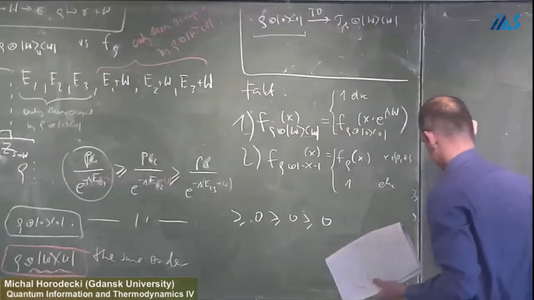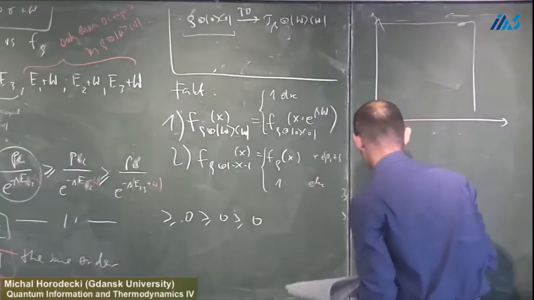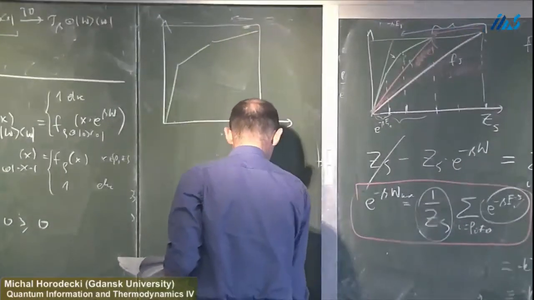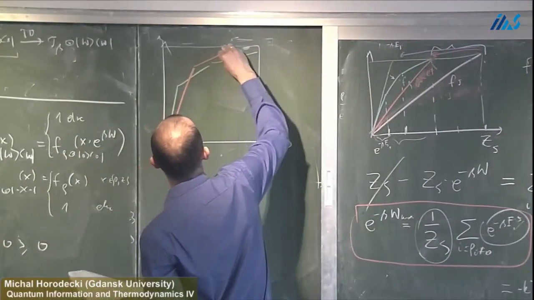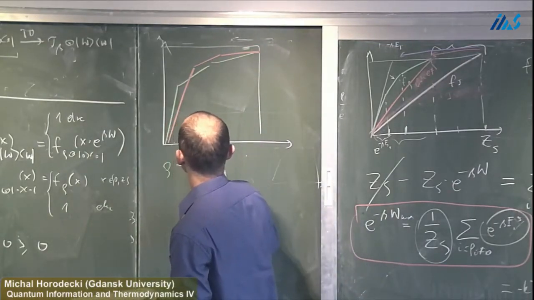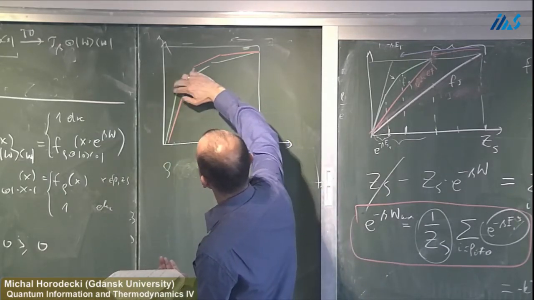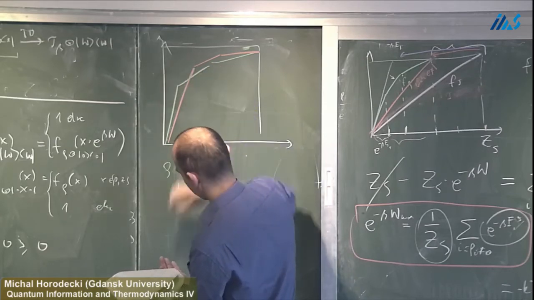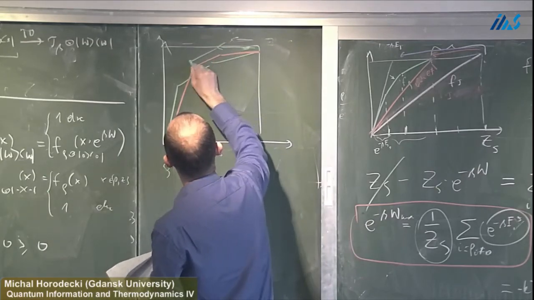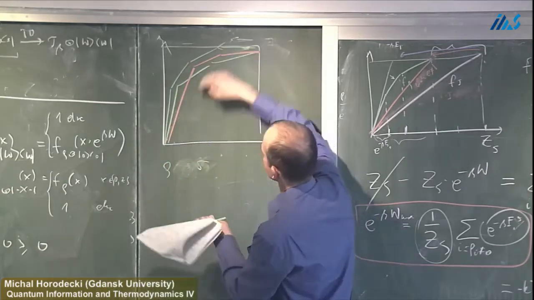You simply have some original rho, and some original sigma. If you want to go from rho to sigma, you need to add work, because you need to add enough work for the diagram of rho to be above the diagram of sigma. So you simply do this, so that this is above.